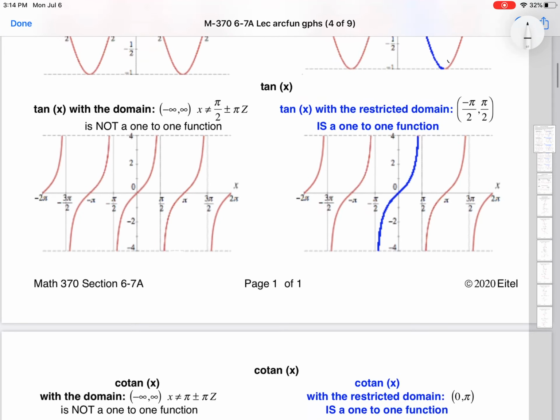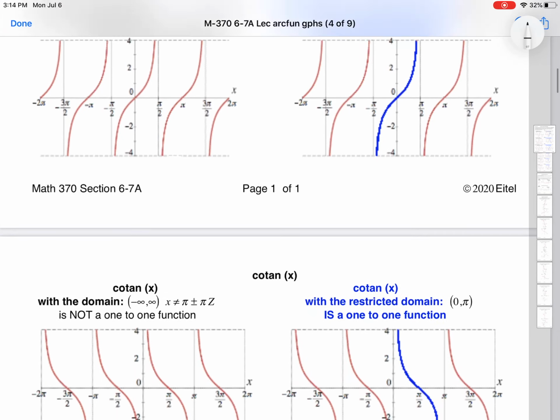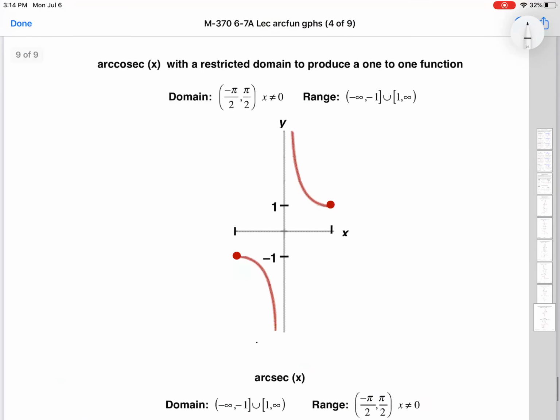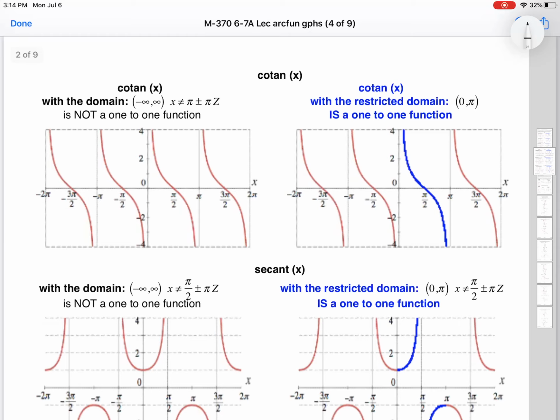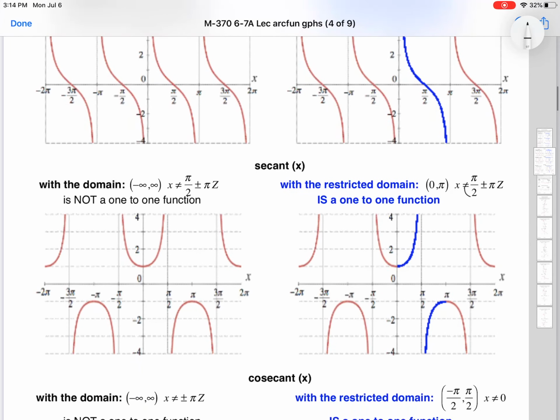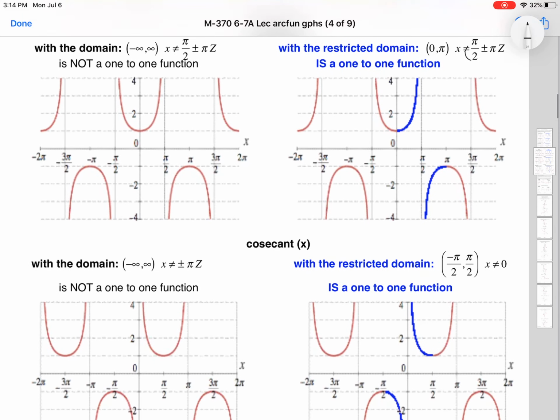And then you can remember the other ones because of how they're related. Cotangent is cosine over sine, so it's totally related to cosine's 0 to pi, but they're not including the endpoints because they're asymptotes. Secant's the flip of cosine, so it's also 0 to pi, but you can't have pi over 2, so they'll rule out the pi over 2 in the middle.